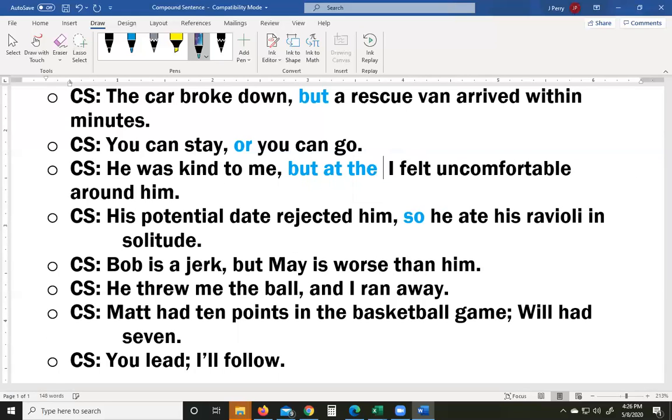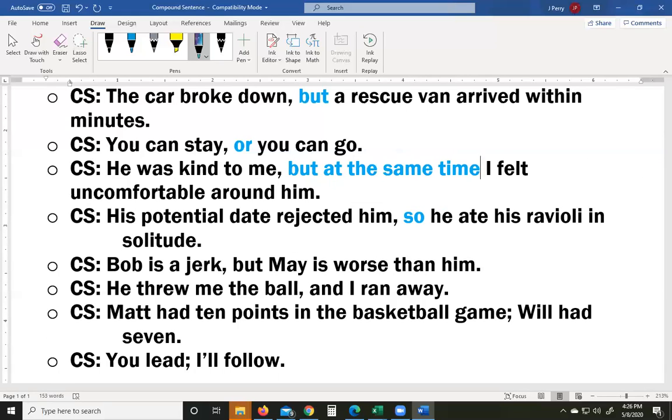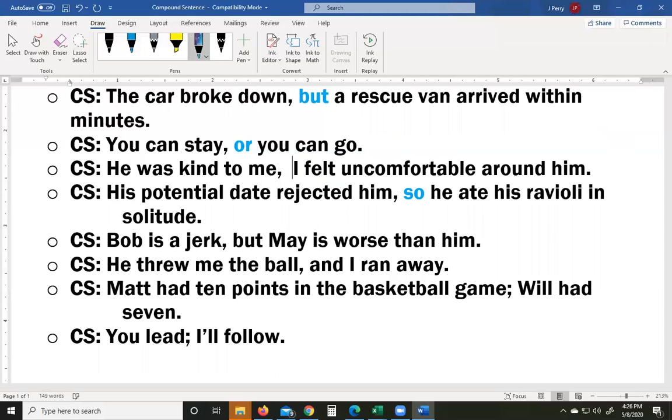But at the same time, I felt uncomfortable around him. So he was kind to me, but at the same time, I felt uncomfortable around him. So there's a couple of definitions we can plug in there instead of yet. So they're opposites of each other in this one, but not in the same way that but is, if that makes sense.